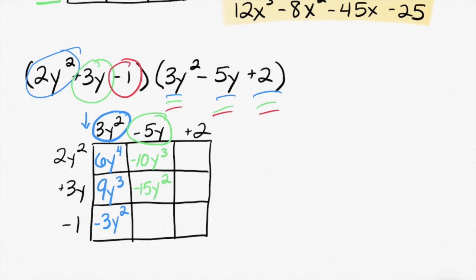And then negative 5y times negative 1 is positive 5y. Thank you. Very good, Andrew. And then it would be 2 times 2, which is 4, so it would be 4y squared.